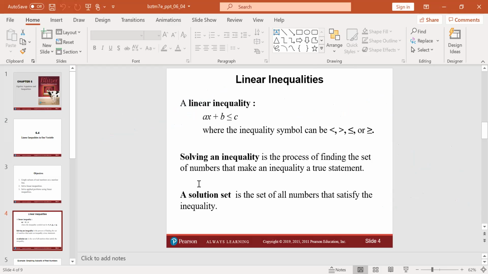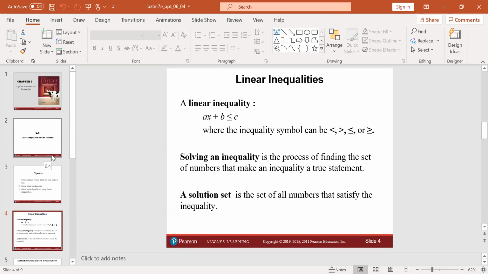Just like solving an equation is the process of finding whatever values for the variable will work and make the equation a true statement, it's exactly the same for solving an inequality. You're trying to find all possible values of x, and there could be an infinite amount of them, that could be plugged in all the way back in the original equation or inequality and create a true statement.